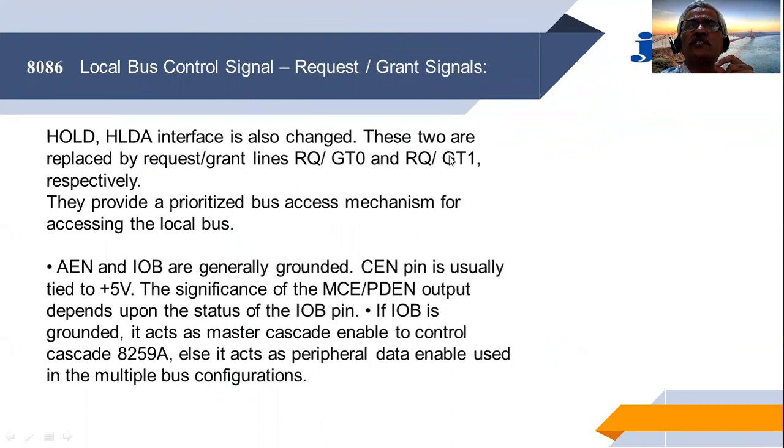These two signals take the place of HOLD and HLDA, and they provide a prioritized bus access mechanism for accessing the local bus. That means the local bus, instead of being readily available for any kind of transfer, now has some kind of priority system that comes into the picture. These two request/grant signals provide a prioritized bus access mechanism.